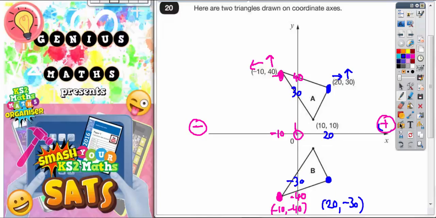Now we have actually only got 1 point left to talk about. So let's use an orange colour for this one here. Now this point is 10 across and 10 up. So this must be level with 10, and 10 up, so this must be level with 10 going up here. So 10 across, 10 up, and there's your point in orange.